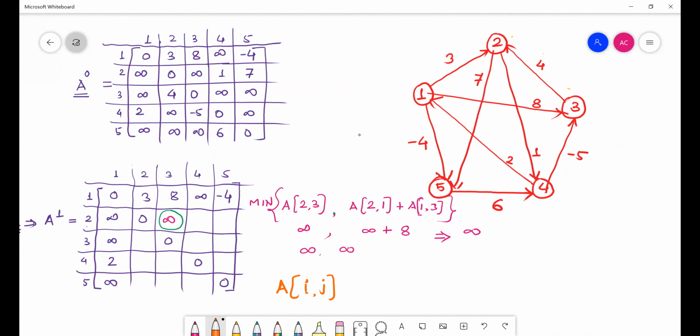The formula says a of I comma j, that means the cost of reaching from I to j, can be considered as the minimum value of the cost from a of I to j, or a of I to k plus a of k to j.